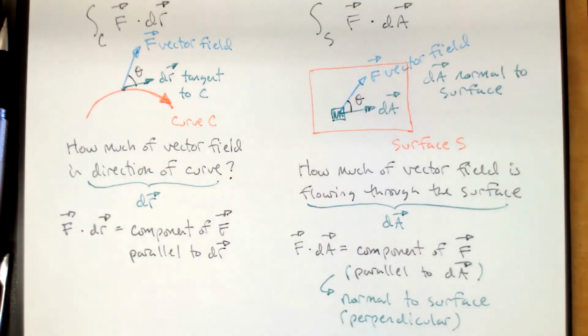So what kind of problems can we come up with to talk about flux integrals? We want to come up with a simple problem that we can start making adjustments to.